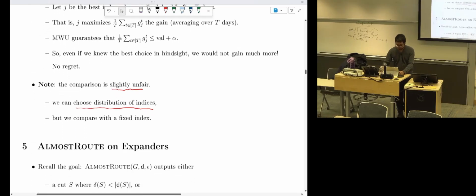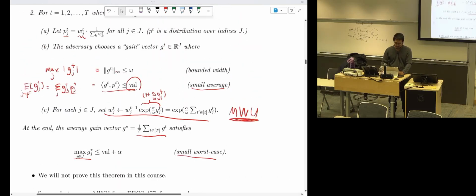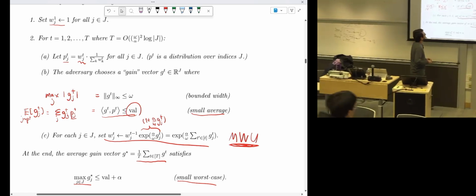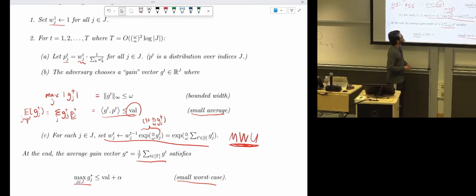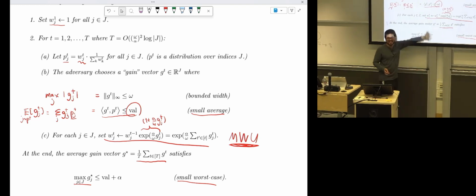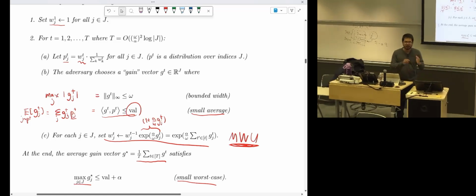So keep this in mind. Now we're going to see how to use this for solving almost route.